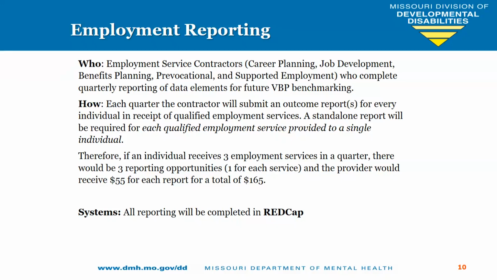So in that circumstance, they would be eligible for $165 of incentive payment. If you have 10 individuals who are receiving a collective 30 services, then that would be 30 times $55 each quarter for completion of the reporting. And again, all the reporting is fully done in the REDCap system.